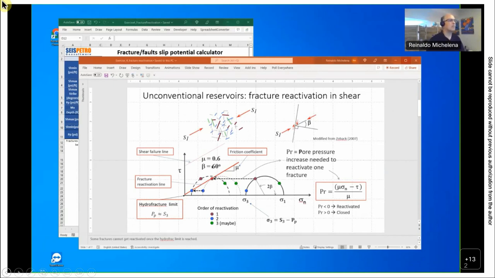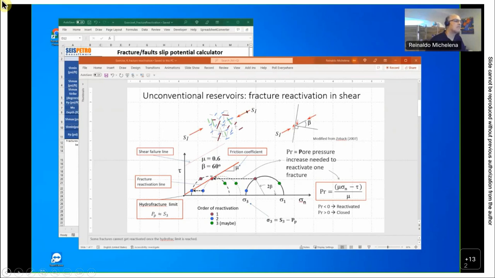So here we discussed the Mohr circles, and here are different fracture orientations, and here's the orientation of the maximum horizontal stress. This is also taken from the book of Mark Zoback, 2007. He indicated here three different colors for fractures. The blue fractures are basically subparallel to the maximum horizontal stress.